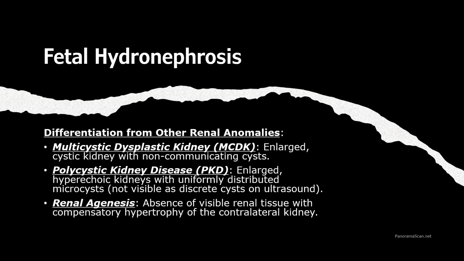If the baby has only one kidney, the remaining kidney will often enlarge to compensate for the loss of function. In this case, there will be no signs of hydronephrosis because the remaining kidney is functioning normally, but the overall anatomy will be different from that seen in hydronephrosis.